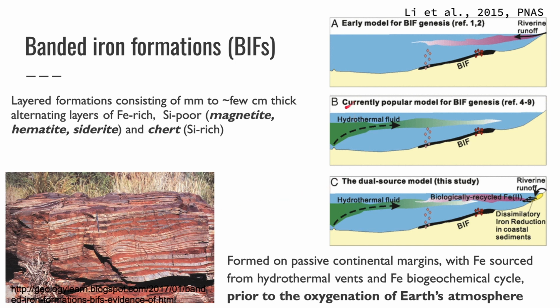On the right, I have a figure from a somewhat recent paper that reviewed the popular models of formation of BIFs. So an early model suggested that banded iron formation sourced iron from riverine runoff. The newer models suggest that iron was sourced from hydrothermal vents, so coming from that deep sea hydrothermal heat cycling that I talked about in the past unit, and biologically cycled iron too by dissimilatory iron reduction in coastal sediments.